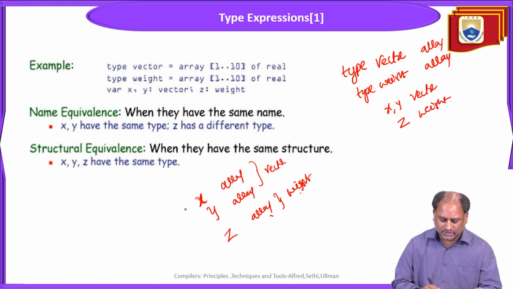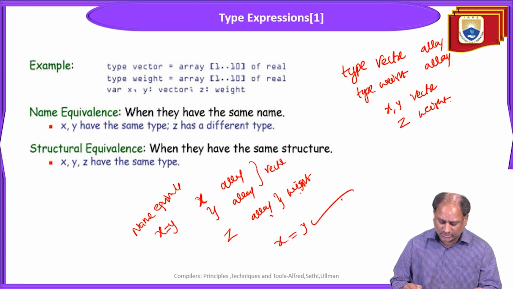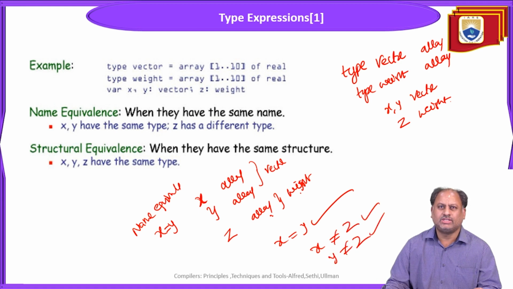So x, y have the same name. That means name equivalent. Name equivalents, x and y both are equal. Name equivalence x equal to y holds good, but x not equal to z, y not equal to z. These two hold good for the case of name. Why?